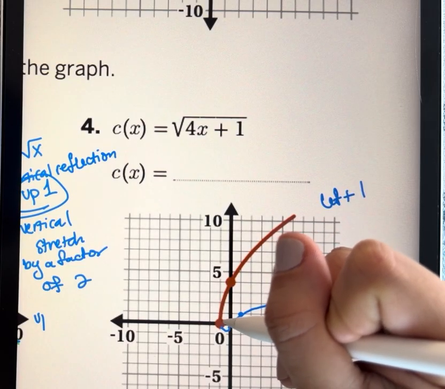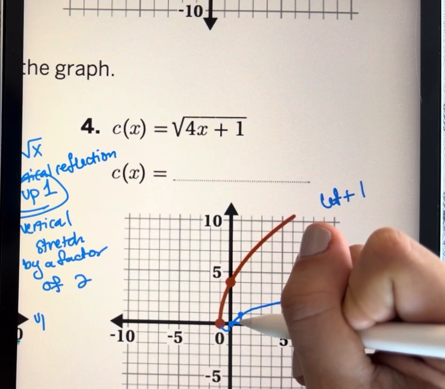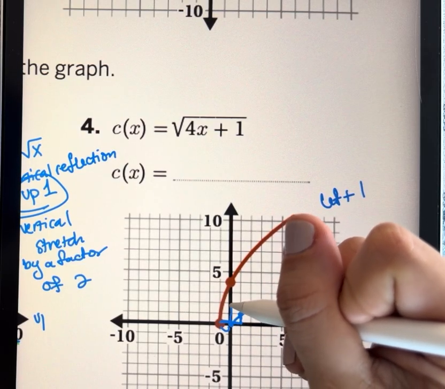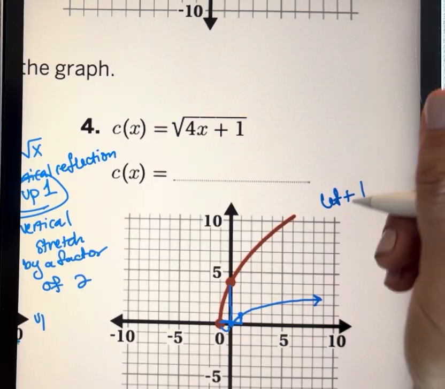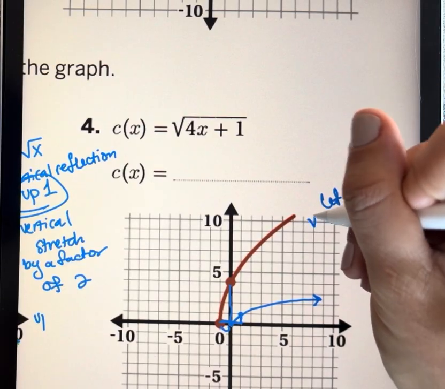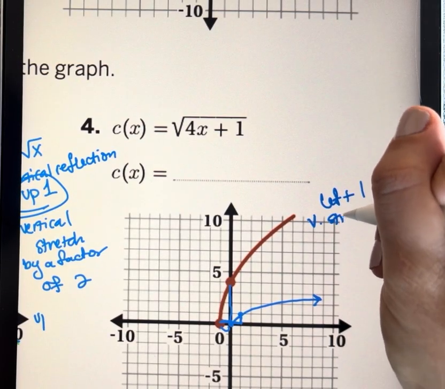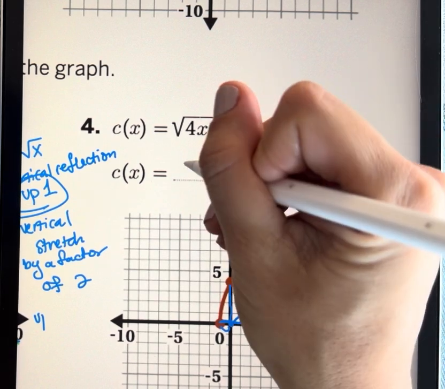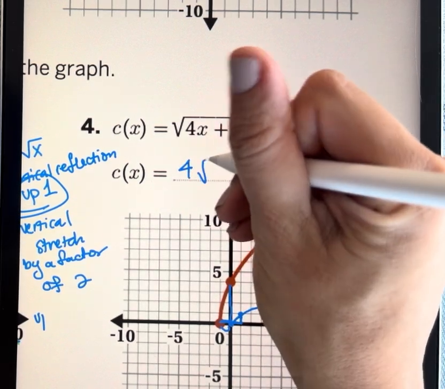So when it goes over 1, instead of only going up 1, this one goes over 1 and up 1, 2, 3, 4. So a vertical stretch by 4. So this is going to be a 4 on the outside of the square root.